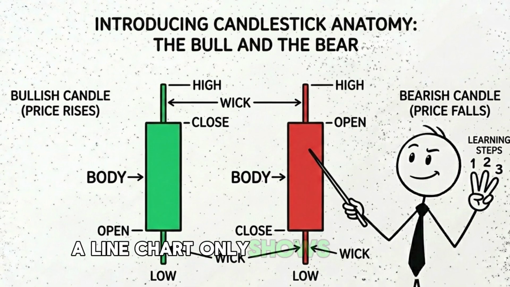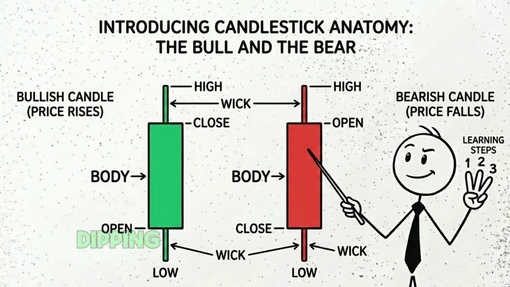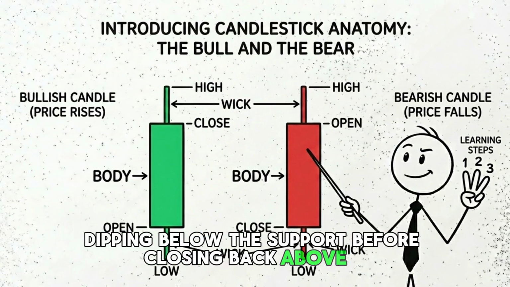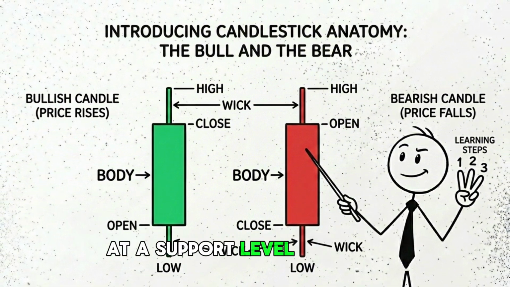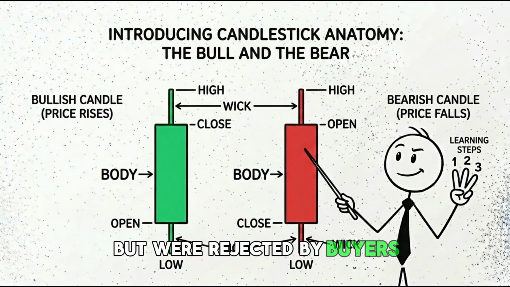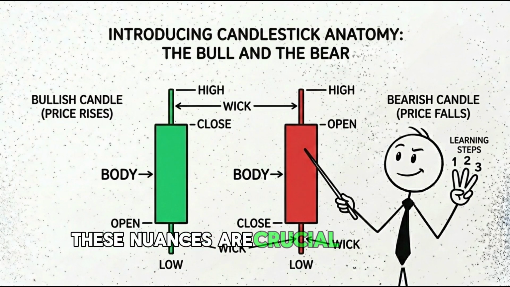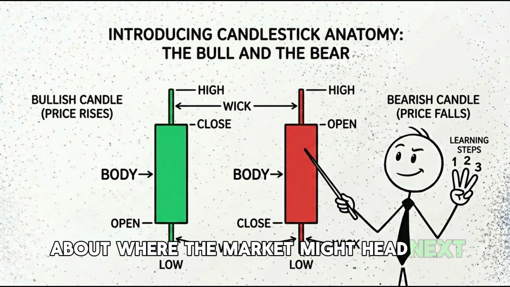A line chart only shows the bounce. However, a candlestick chart might show a long wick dipping below the support before closing back above it. This detail tells us that sellers tried to break the level but were rejected by buyers. These nuances are crucial for price action traders because they offer hints about where the market might head next.